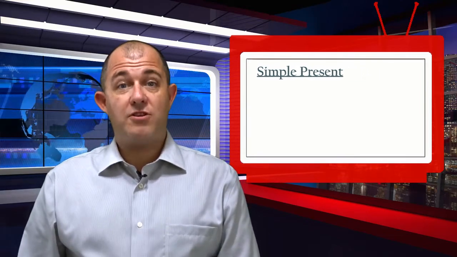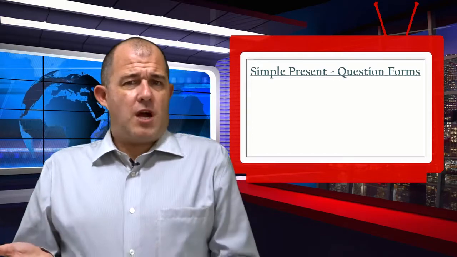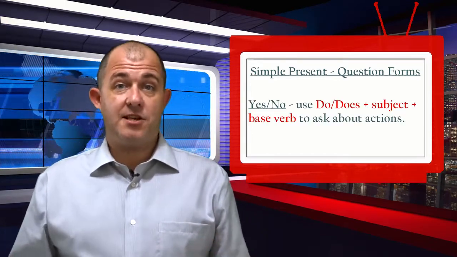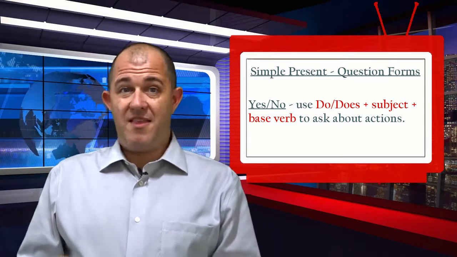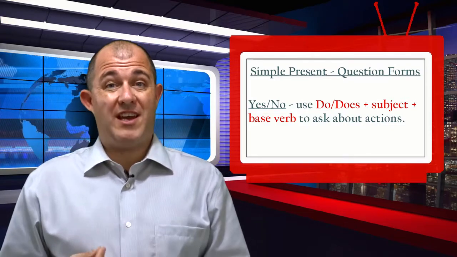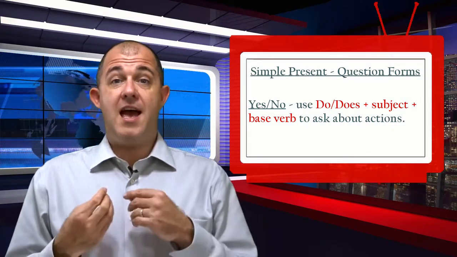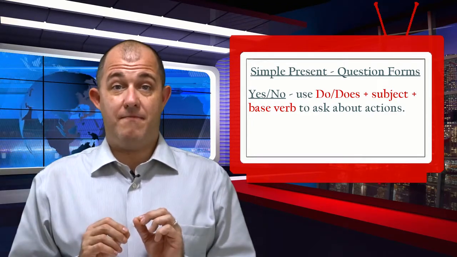Now let's look at how to ask questions in simple present. We have two kinds of questions for any tense. We have yes/no questions, which can be answered with the simplest answer, yes or no. And we also have information questions, and these questions require more detail to answer them.